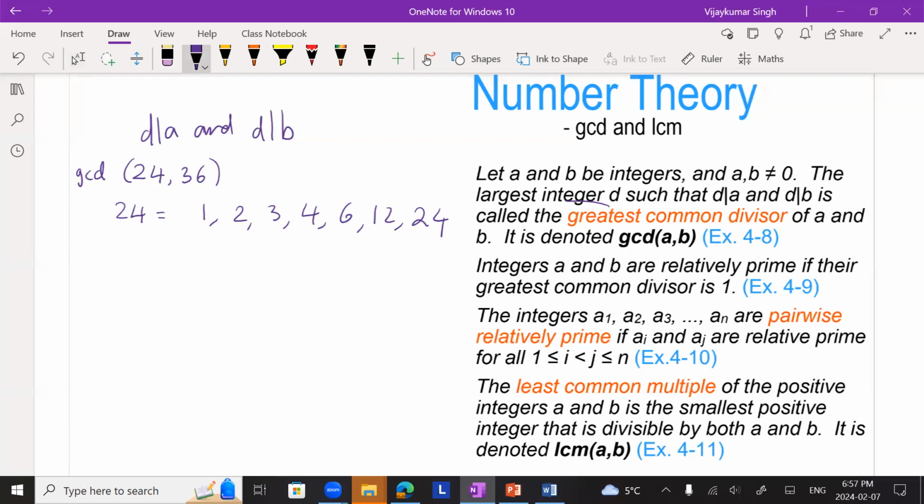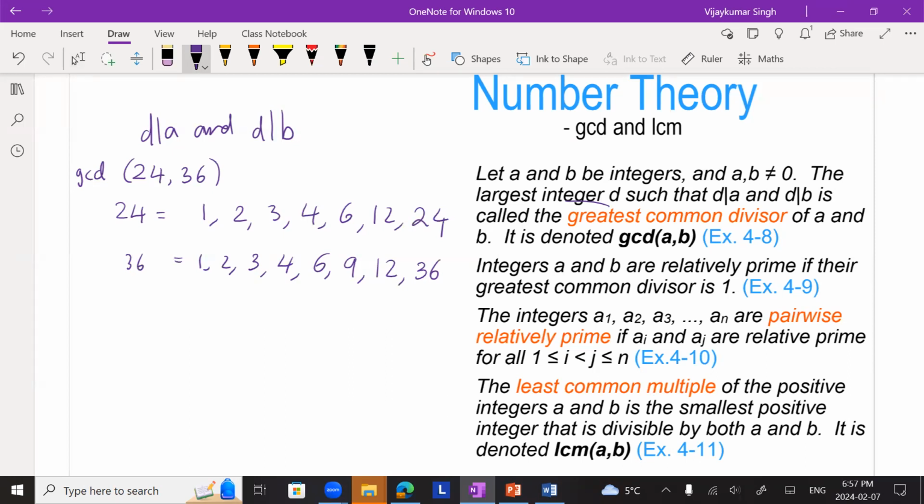And divisors of 36 are 1, 2, 3, 4, 6. Does 8 go in 36? No, 4 nines are 36. So no 8, then we have 9. Then we have 12 times 3. And then the next one is 36. So these are the divisors of 36, and the other list is the divisors of 24.